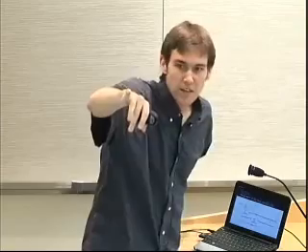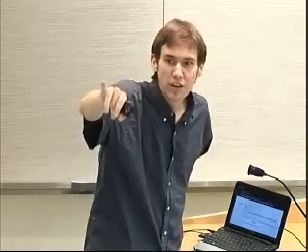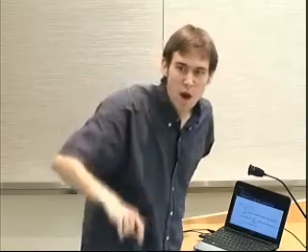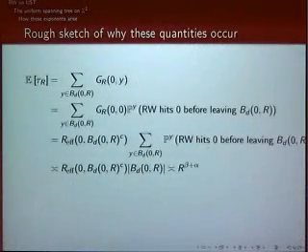So the expected time it takes is just the sum over all the points y in the ball of G_r(0,y). You can rewrite this Green's function G_r(0,y) as G_r(0,0) times the probability, starting at y, that your random walk hits 0 before leaving the ball.